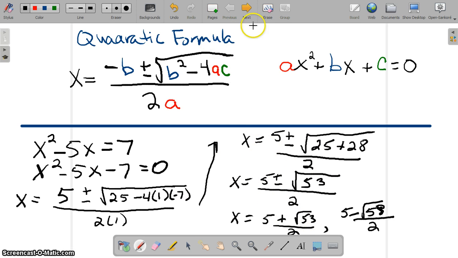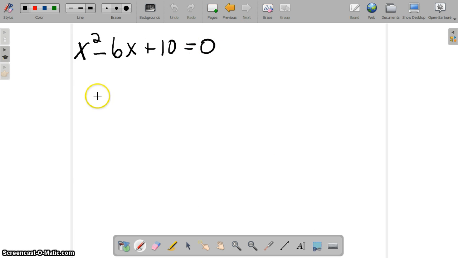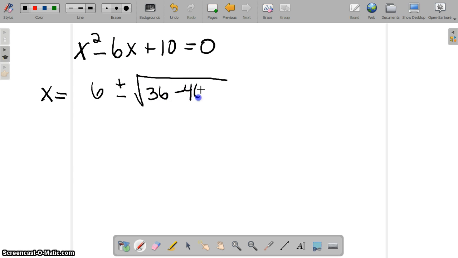I'm going to go to this next one, which turns out slightly different. Quadratic formula: x equals negative b, so it's the negative of negative 6, so positive 6 plus or minus the square root of b squared, which is 36, minus 4 times 1, which is a, times 10, which is c, all over 2a.